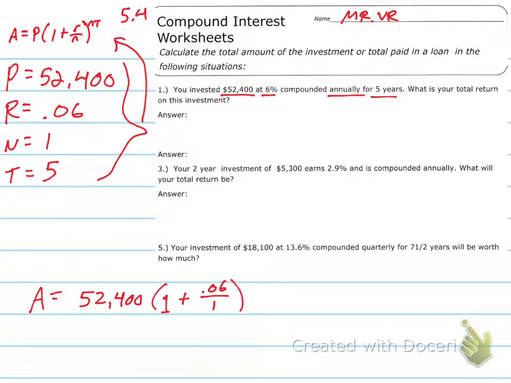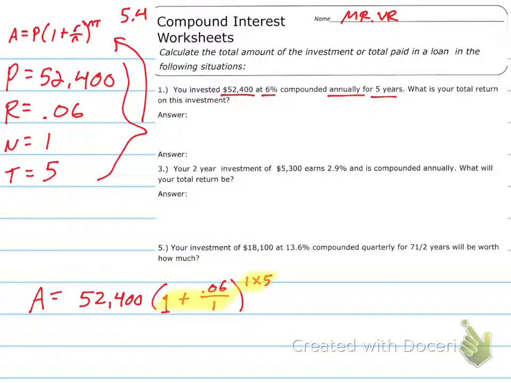And then the exponent is N times T, so that would be 1 times 5. Now, what I would recommend is that after you have written this equation out, you simplify what's in the parentheses, and then you simplify the exponent.